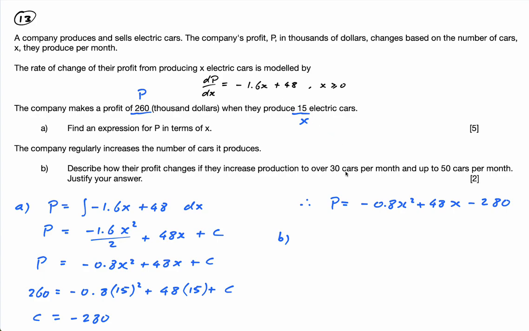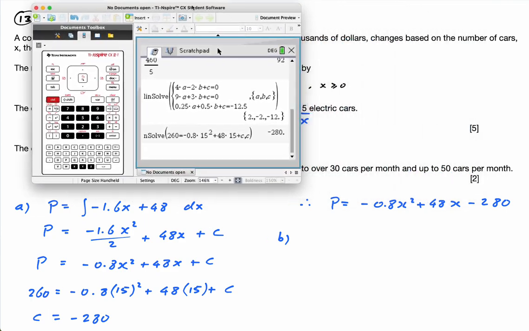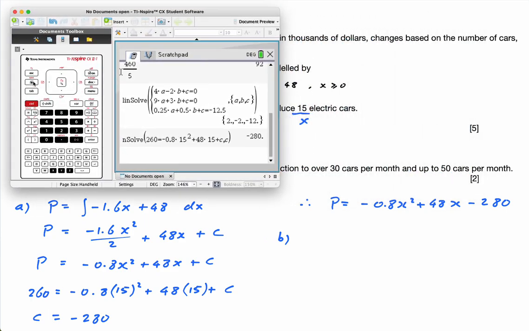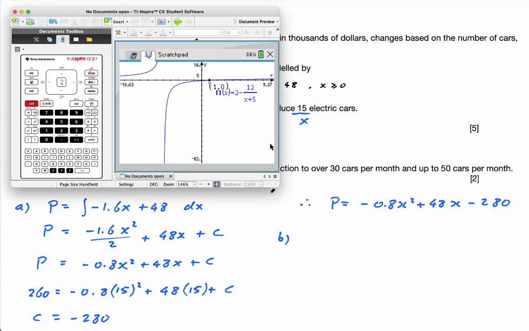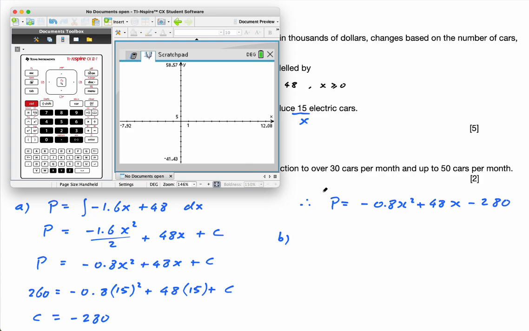So 30 is the optimum number of cars they should produce, but if it goes over 30, their profit starts to decrease. Now the way I'm going to explain it, if you don't like that short explanation, is I'm going to graph this. Let me delete this.